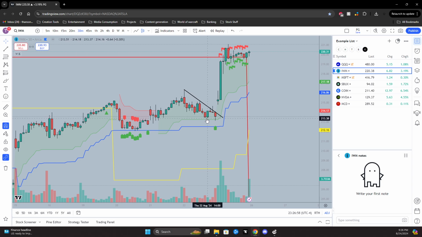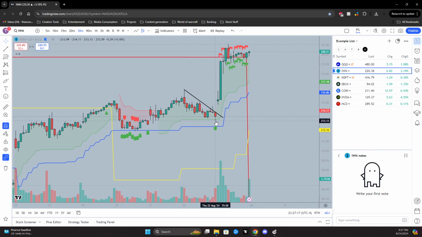So we've got this green candle here overtaking this red candle, and it's right at support. So even though it didn't reverse then, it obviously reversed the next day pretty hard.